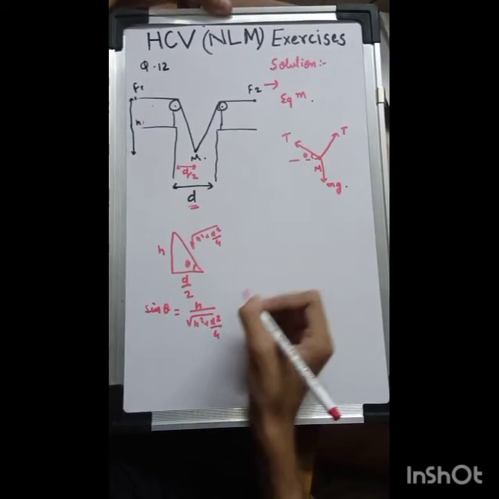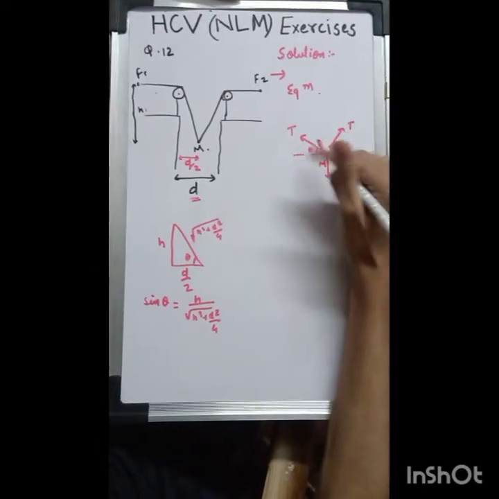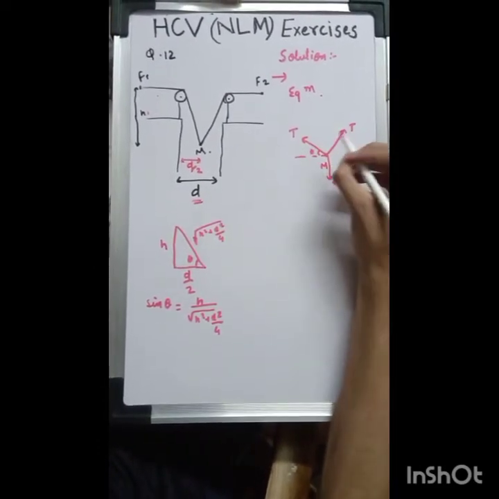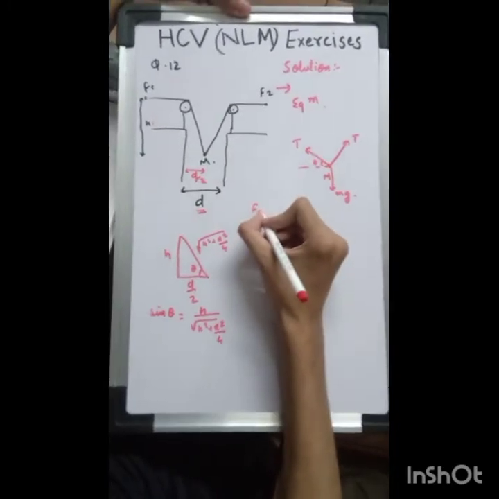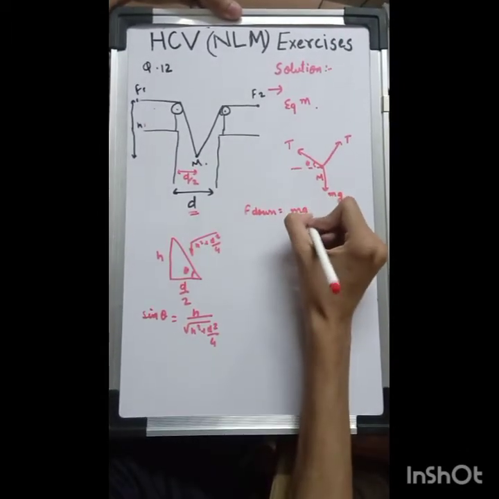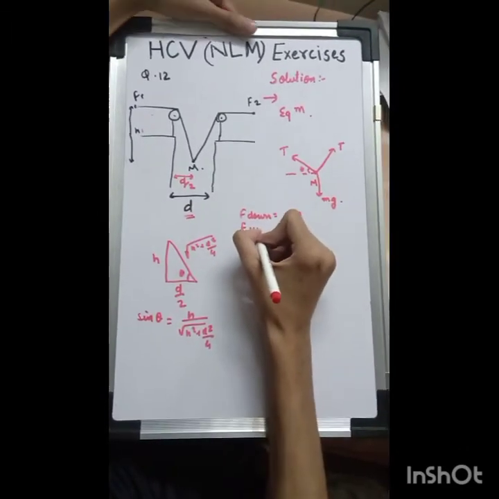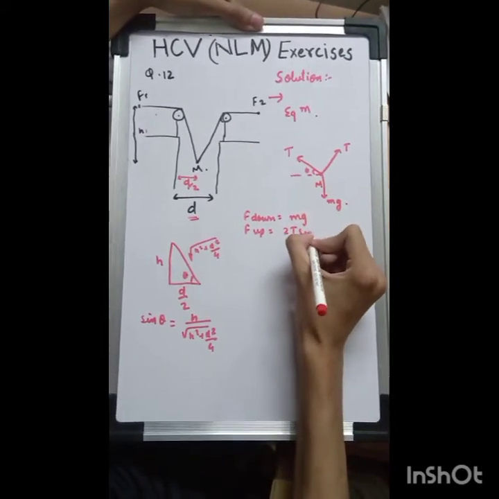Okay, so we know that T's horizontal components will get cancelled and only the vertical components will remain. So we can write F down is equal to mg, and F up is equal to, these two will add up to 2T sine theta.